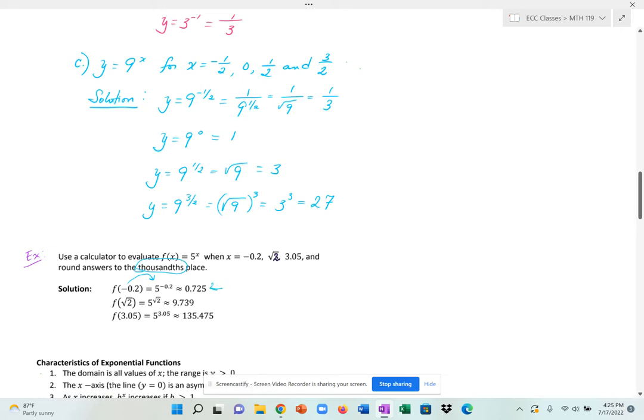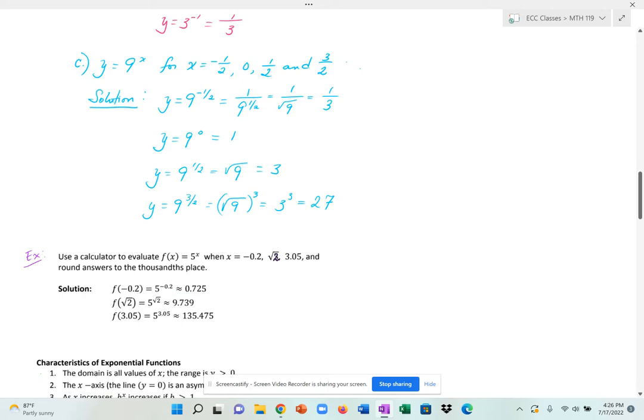That is approximately equal to 0.725. When I input square root of 2, 5 to the square root of 2 is approximately equal to 9.739. And when my input is 3.05, 5 to the 3.05 is approximately equal to 135.475.